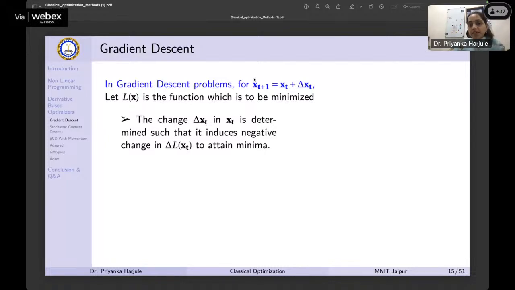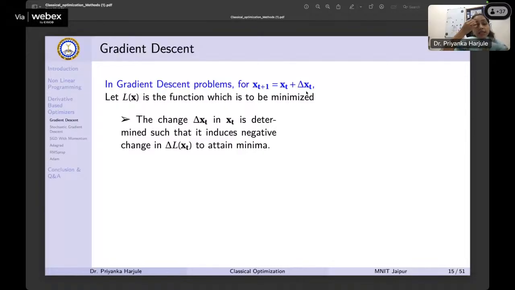Let us say that the t plus 1th point is given as the previous point plus some difference. We are trying to solve a problem of minimizing the loss, so we want this value to decrease in every step. That means this change has to point in the decreasing direction.